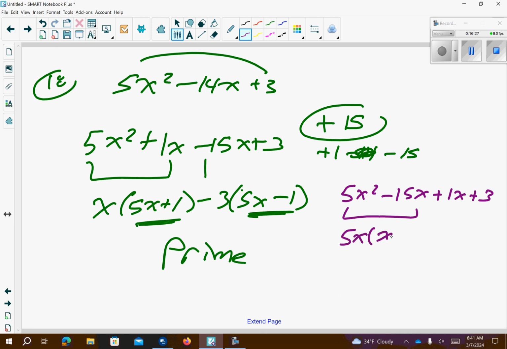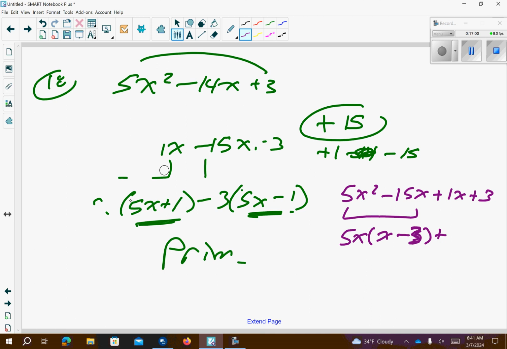I don't know, I think I made a mistake. Minus 3. Is this one not factorable? Hang on, I made a mistake someplace on here.